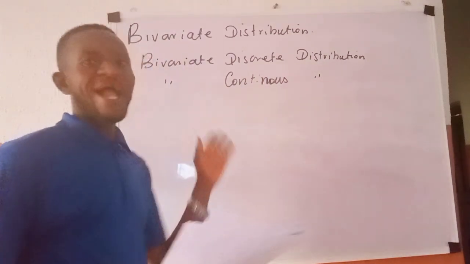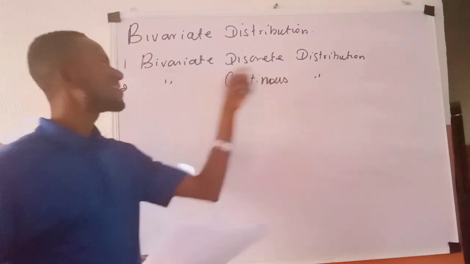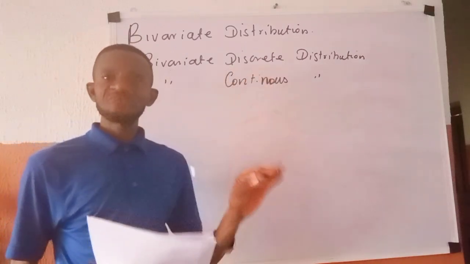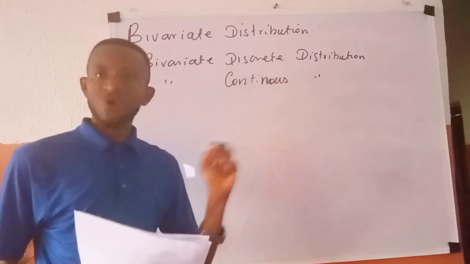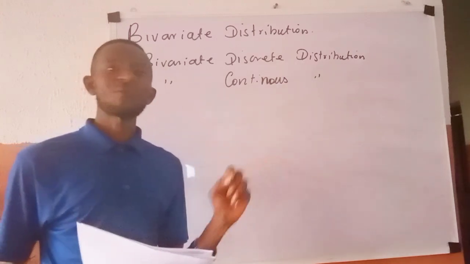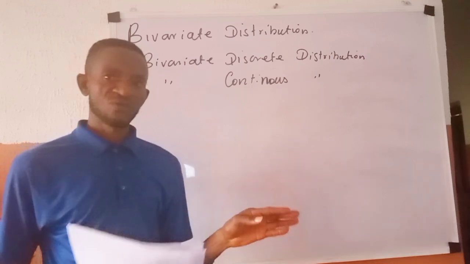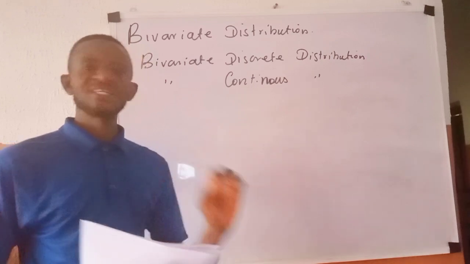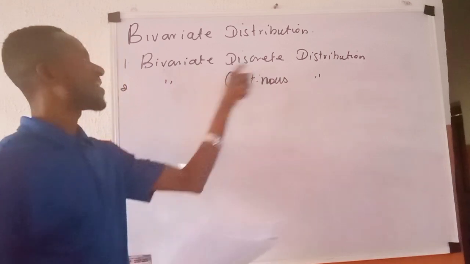Like I already hinted, we describe it as bivariate discrete distribution if the two random variables involved, x and y, are both discrete in nature.